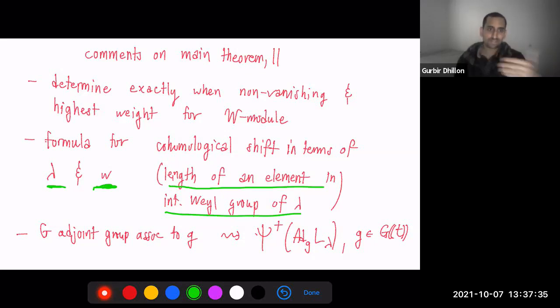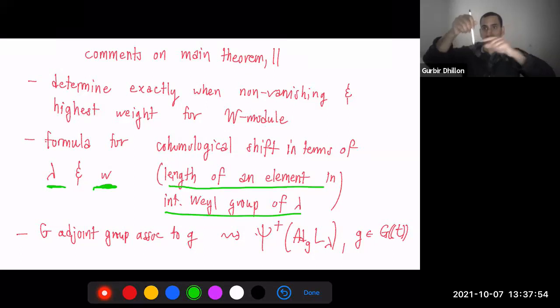And there's a comment to make here, which is that this actually corrects the Frenkel-Kac-Wakimoto conjecture. In their conjecture, they had something about semi-infinite lengths, but it's just the usual length. And then a final comment: the way we said it was you fix a dominant highest weight module and you take all these reduction functors.